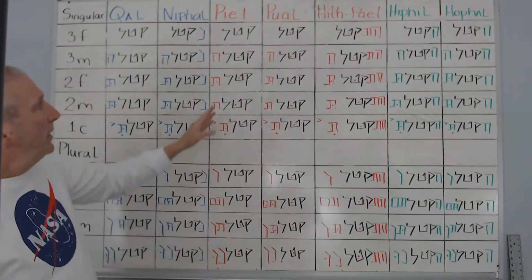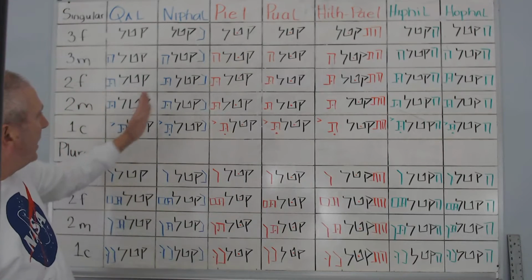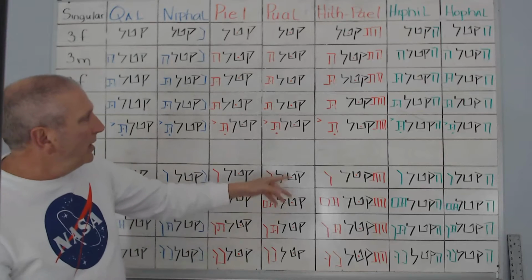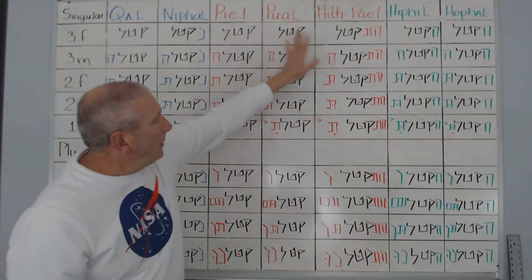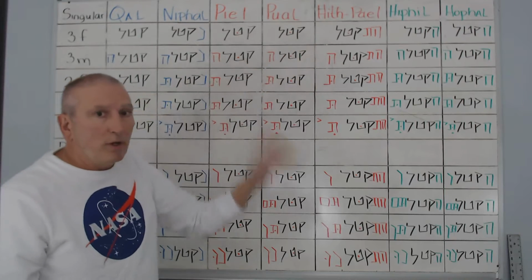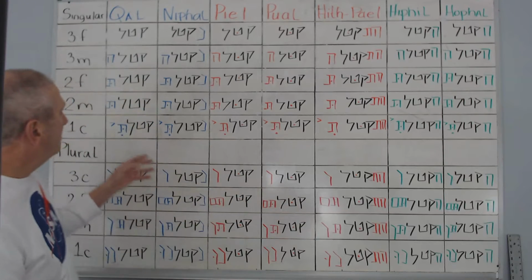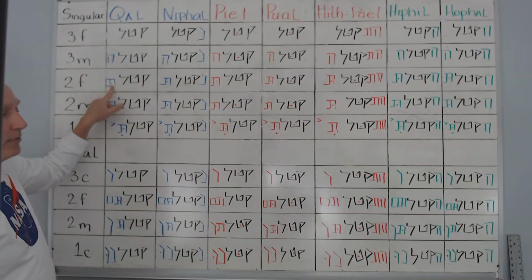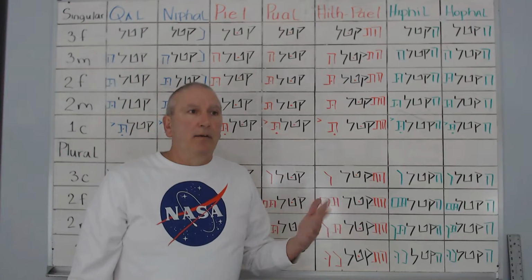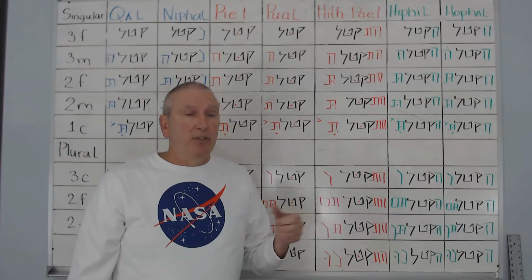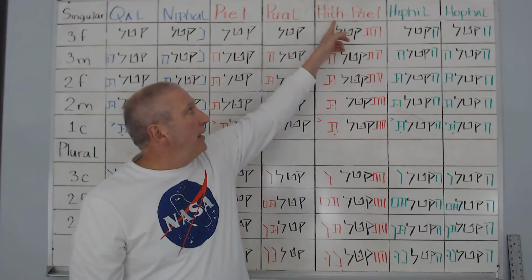But notice the middle radical, the tet here, and then notice the tav at the ends that were used. First, let's look at the doubled middle radical. This is called a dagesh forte, which is a strong dagesh. The weak dagesh was used for sound, to distinguish between the soft and hard sounds of the letter tav, for example. Do we say T or do we say TH, as in hith here?